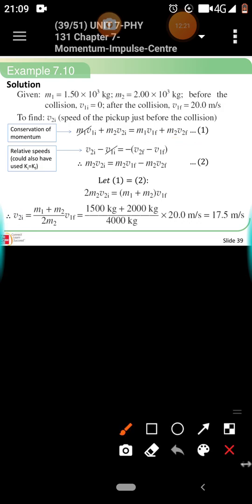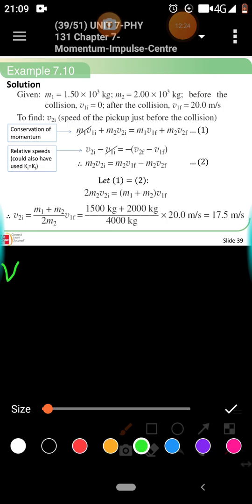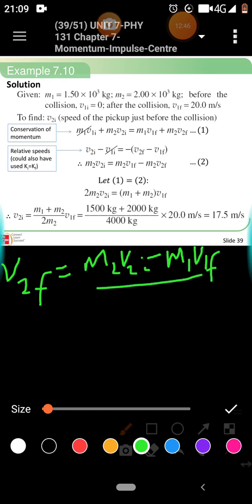You have v2 final equal to (m2 v2 initial minus m1 v1 final) all over m2. And the next step now is to square this.